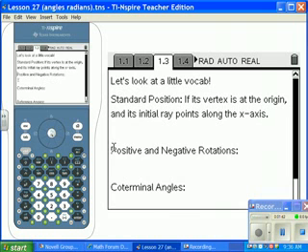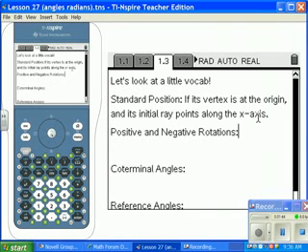So these notes, there's a little bit of typing, but once we get past this, it's not too bad. We're going to see a picture of this in just a moment, okay? So if the vertex is at the origin and its initial ray points along the x-axis, we call that standard position. Origin is what? What's the point? 0, 0.